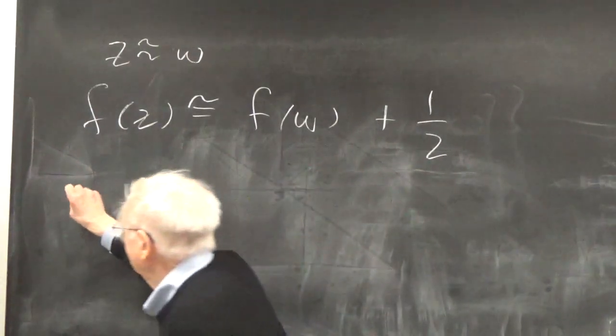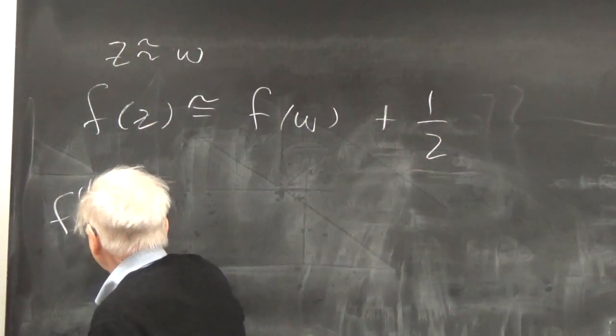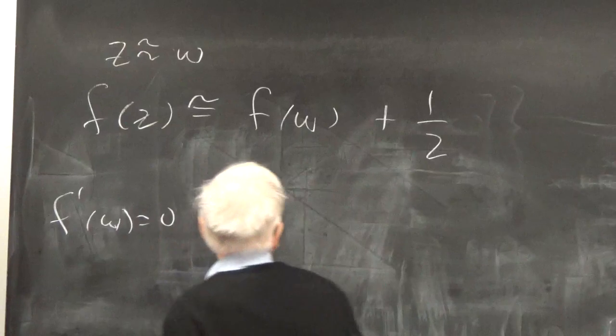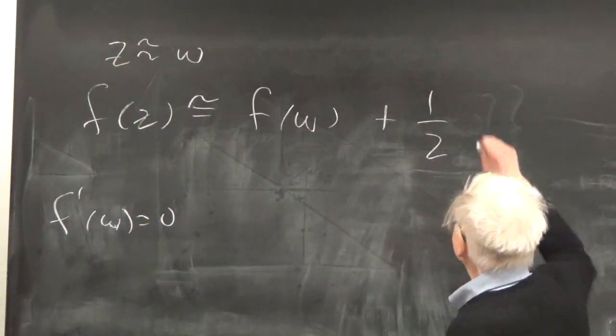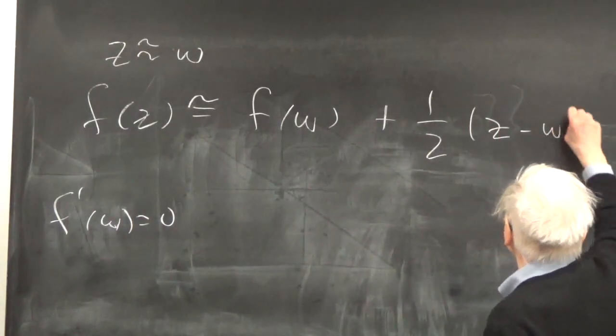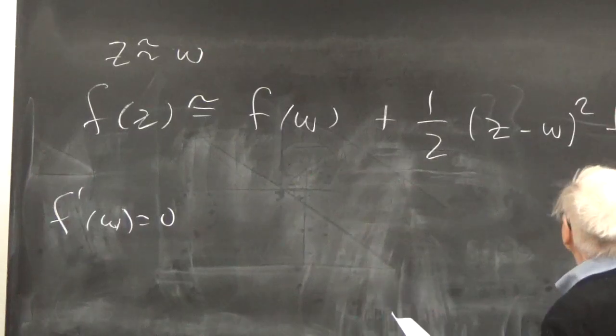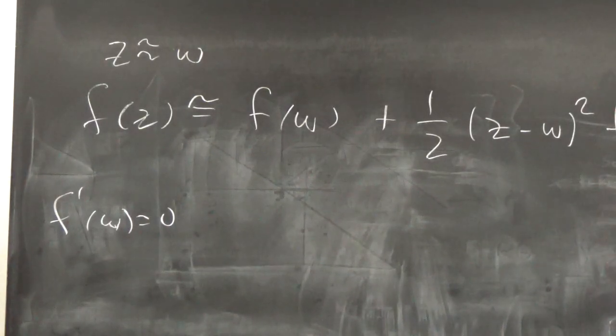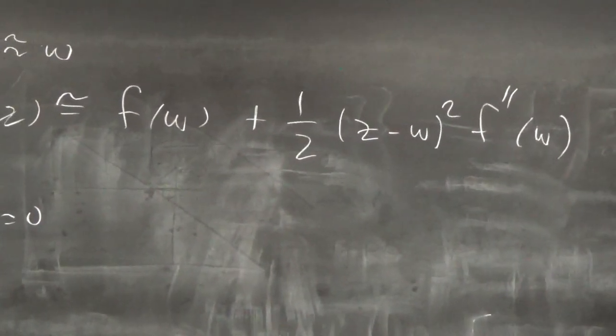So f prime of W is equal to 0. So this then is Z minus W squared f double prime of W. So that's the power series for f of Z.